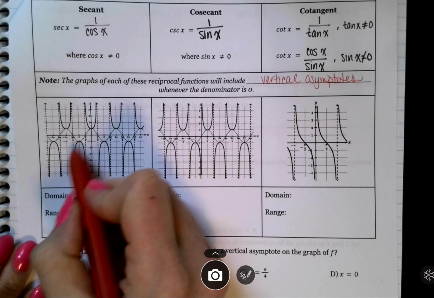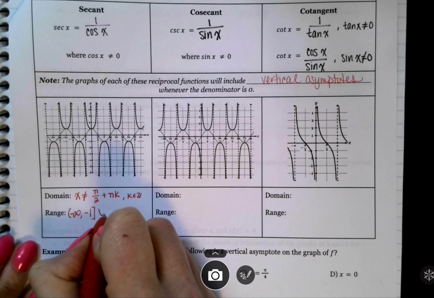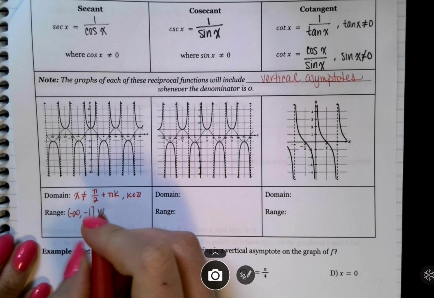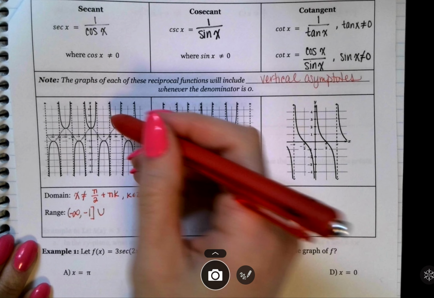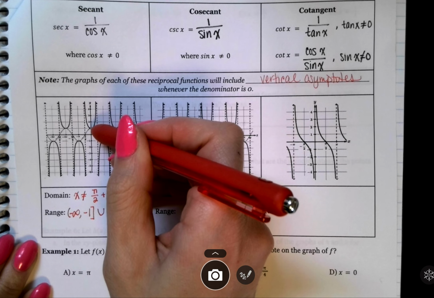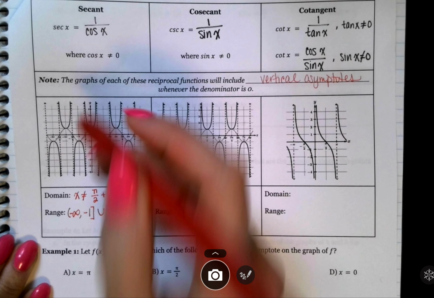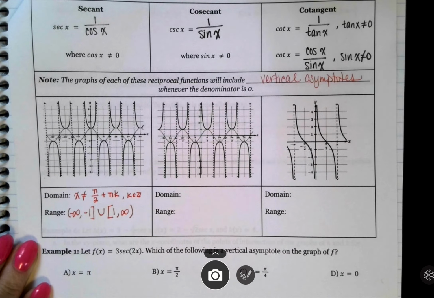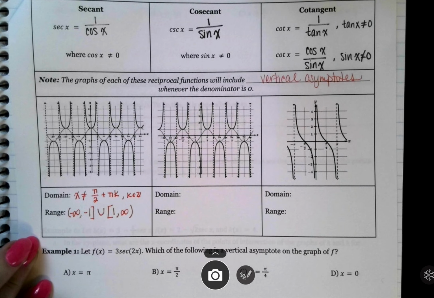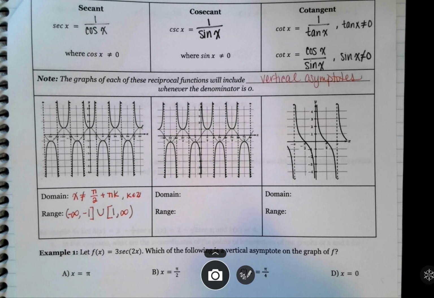So it could be in those bottom pieces, or, that's a symbol for or, it could be in a top piece. We are at positive 1 and we go up to positive infinity. Again, we want to bracket with that positive 1 because that number is included, and then it goes up to infinity, and we can't have the end of infinity included because there is no end, so we use a parenthesis.